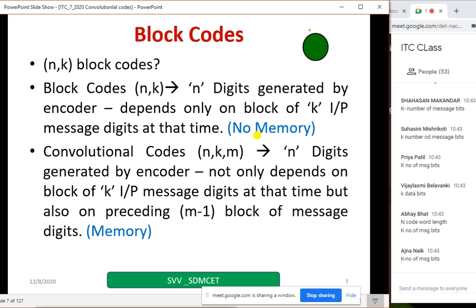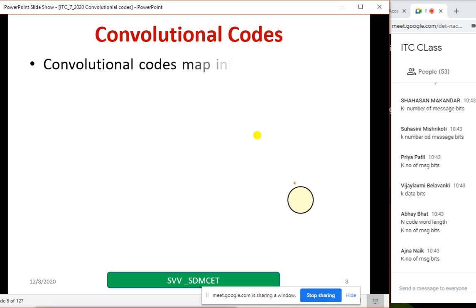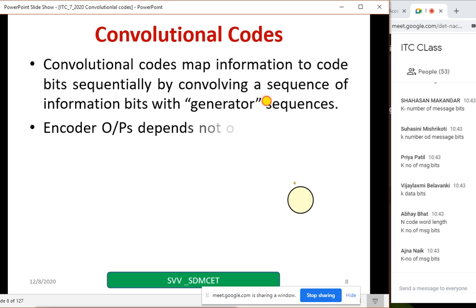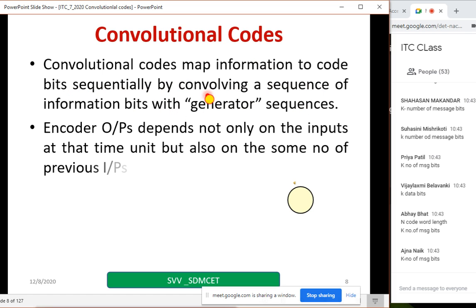Let me go to the next slide. Convolutional codes map information to the code bits sequentially by convolving a sequence of information bits with a generator sequence. We are going to see this with an example. Encoder output depends not only on the inputs at that time unit but also on some number of previous inputs. I want you to read it twice or thrice and understand.